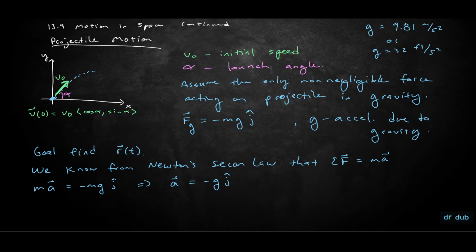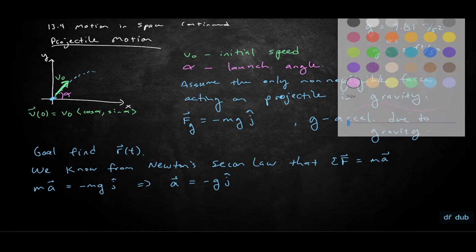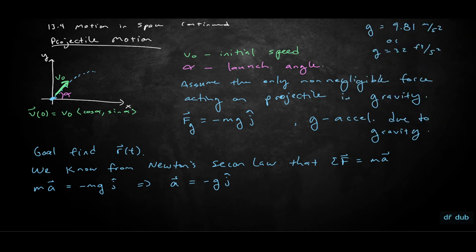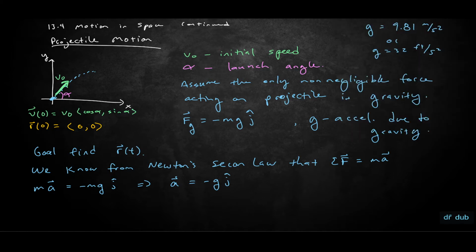The initial position, we'll call it r of 0, is just the origin, because we're not launching it from some weird cliff or some height above the ground. We're assuming the launch height and the landing height are the same height. So it's basically 0.